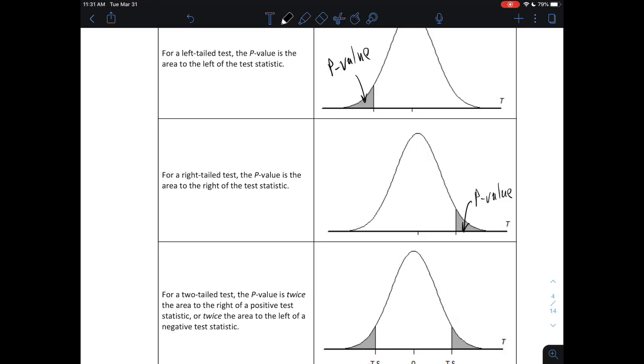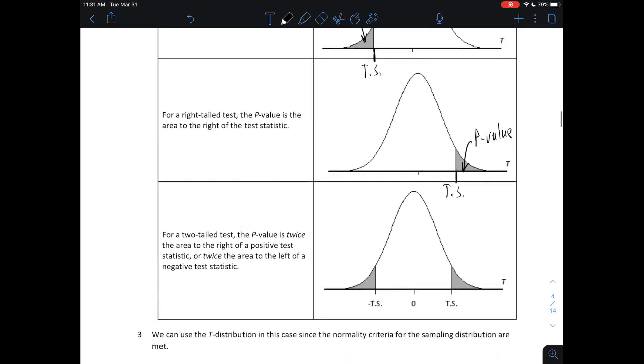Also, these markers here, those are your test statistics. And then for a two-tailed test, the p-value is twice the area to the right of a positive test statistic or twice the area to the left of a negative test statistic. So you would only have one of those and then calculate the area beyond it.